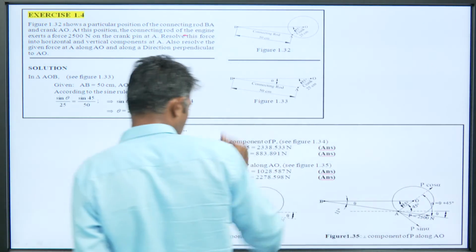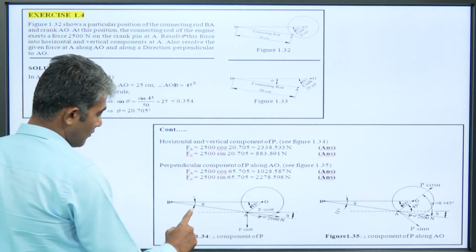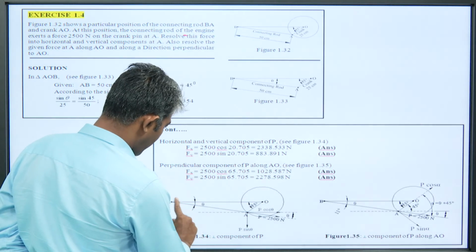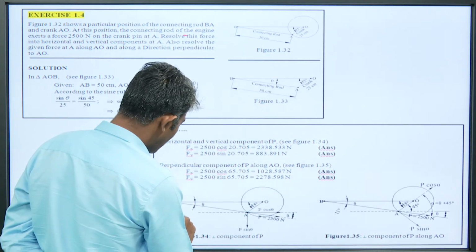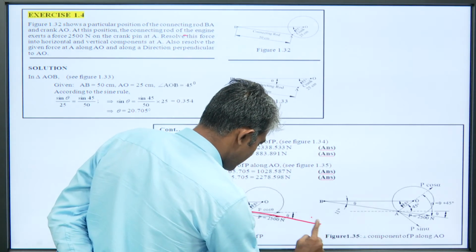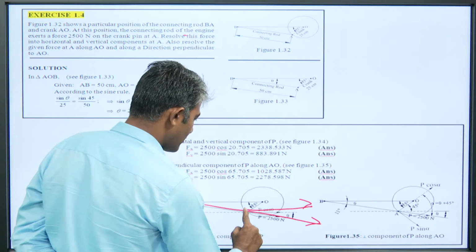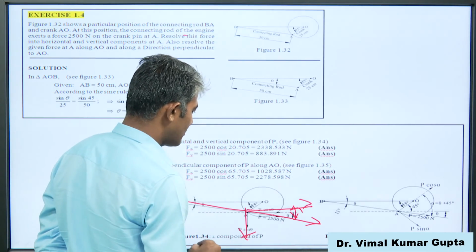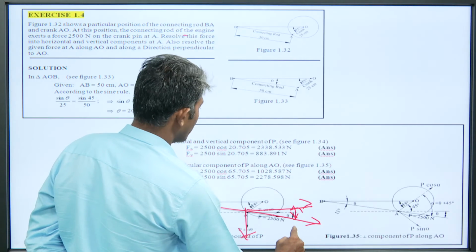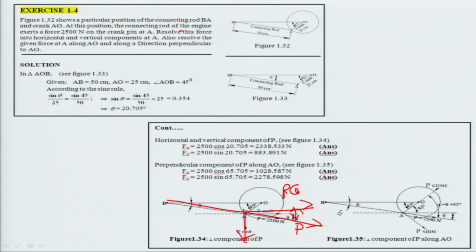So, two different diagrams are made here. For the first part, the force is acting along this connecting rod, so this is the horizontal and this is the vertical component. If we know this value of theta, and suppose this value is P, then this component will be P cos theta and this is P sin theta.